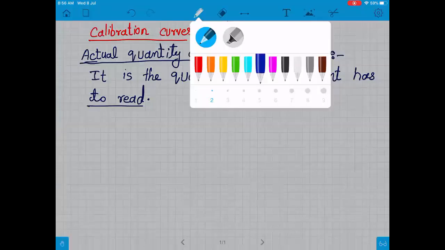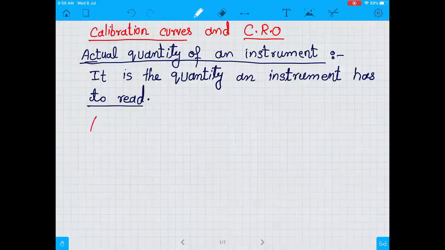Then you have to define the apparent quantity.